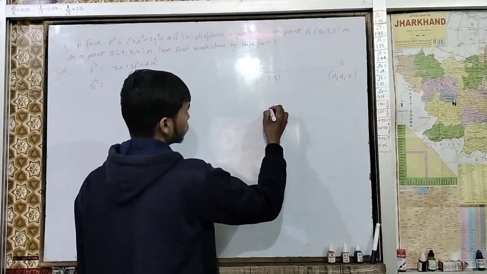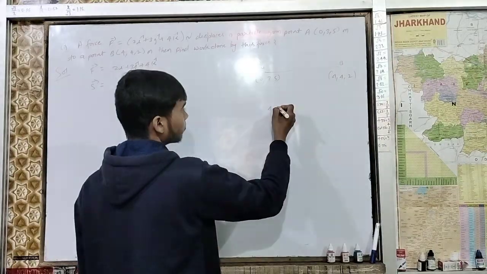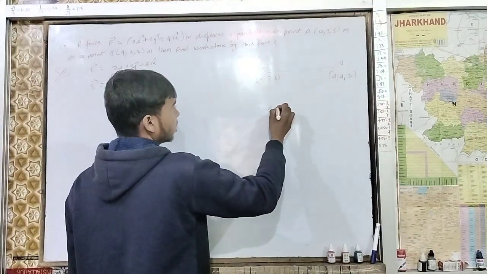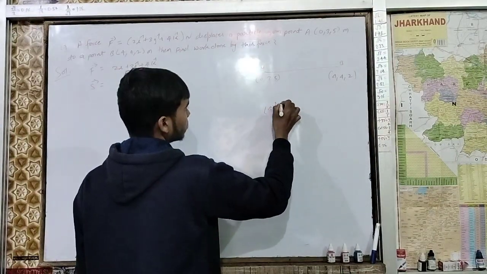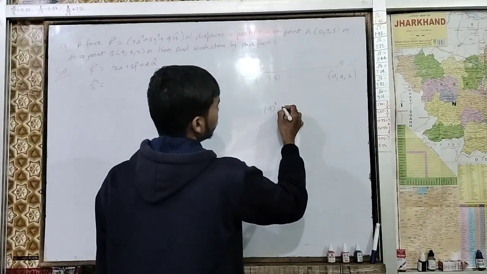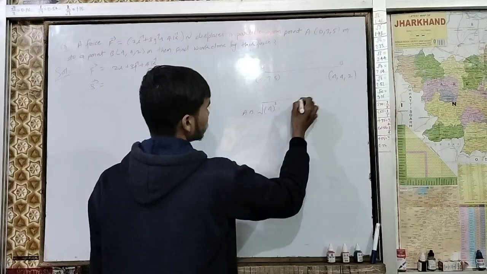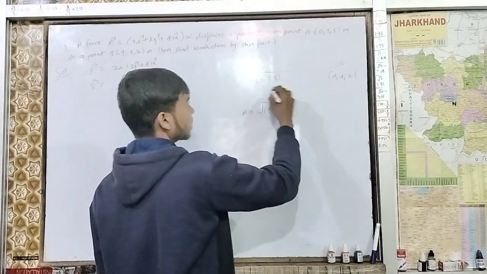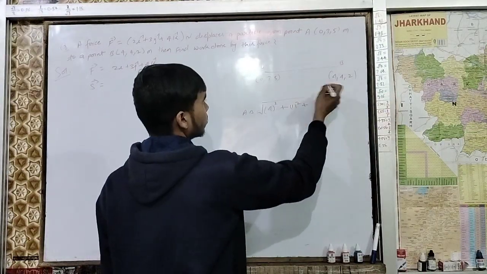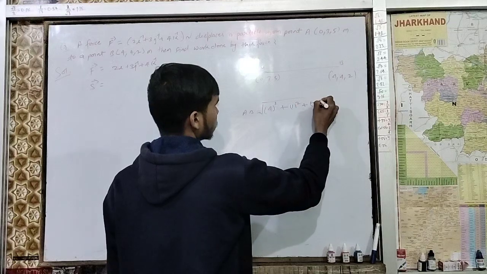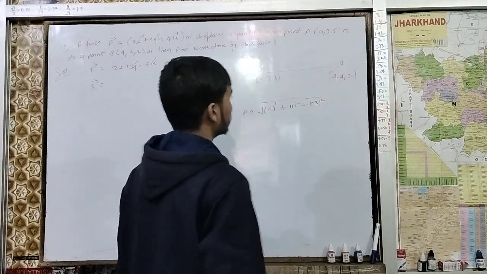So 4 minus 0, then 4 minus 3, then 2 minus 5.